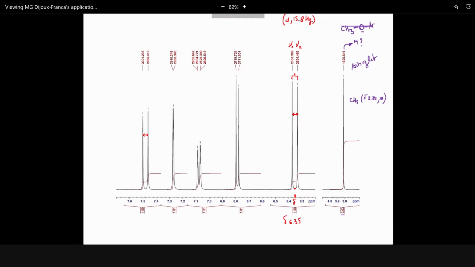If I calculate the coupling here, what is the value? I also have a doublet. It's the same. 15.8, nearly 9.